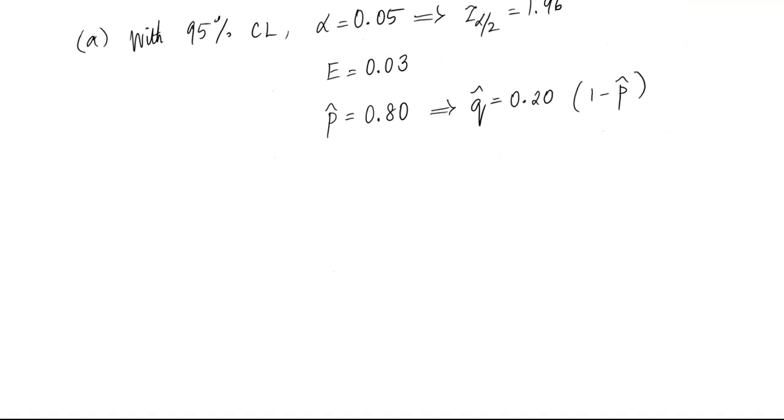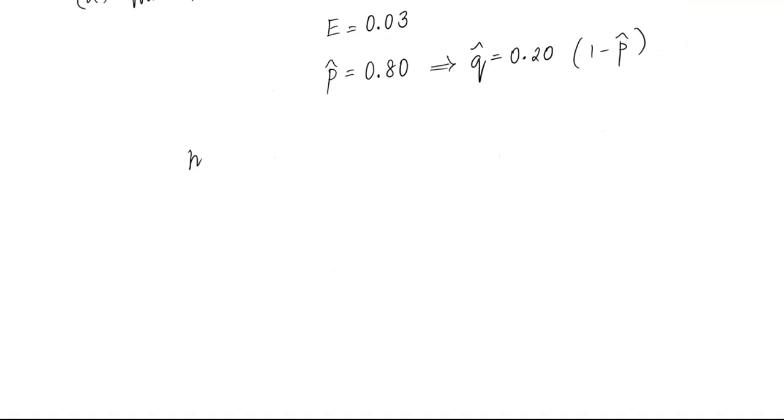All right, we have enough details to assemble our values into the N formula. So let's write the formula one more time. Z alpha over 2 squared times P hat Q hat divided by E squared, because writing the formula correctly is doing it half right.